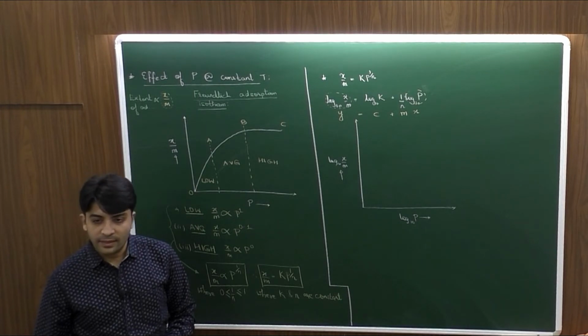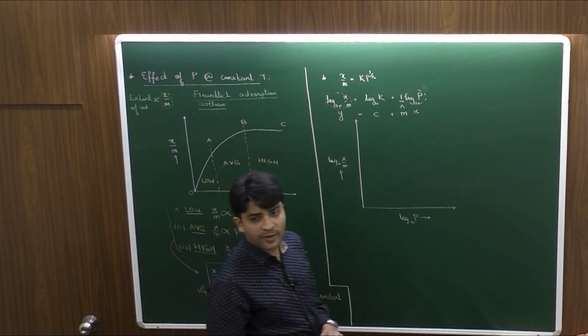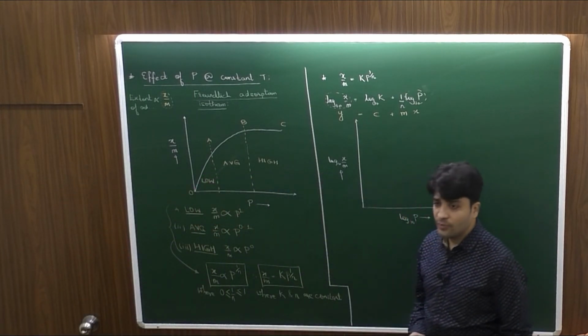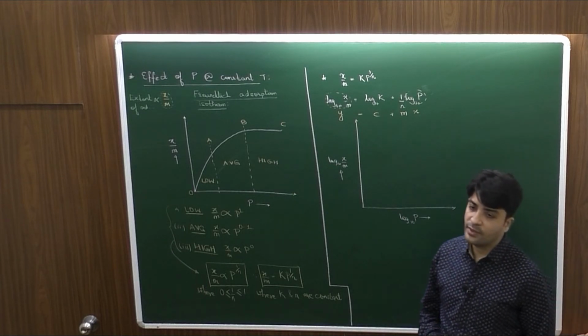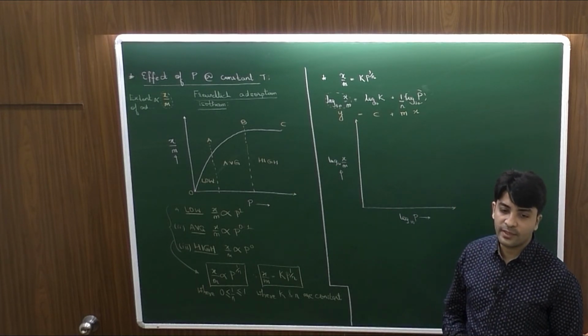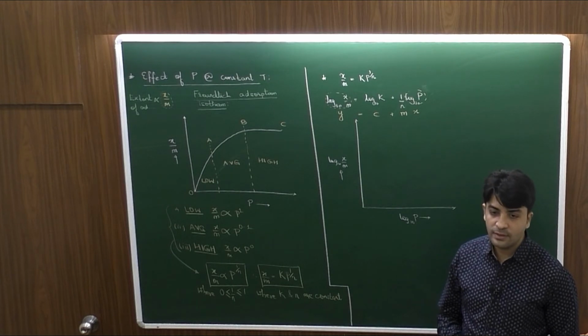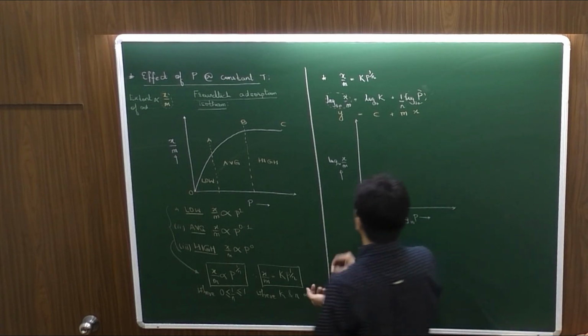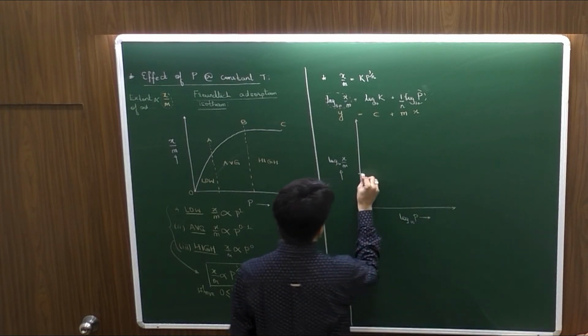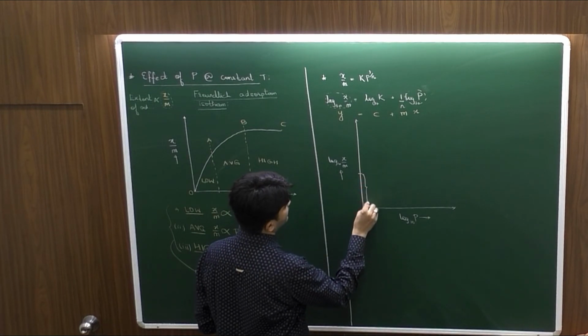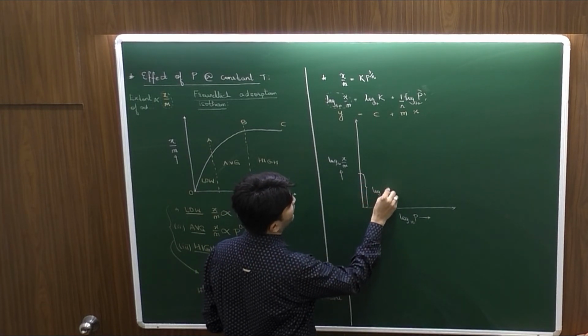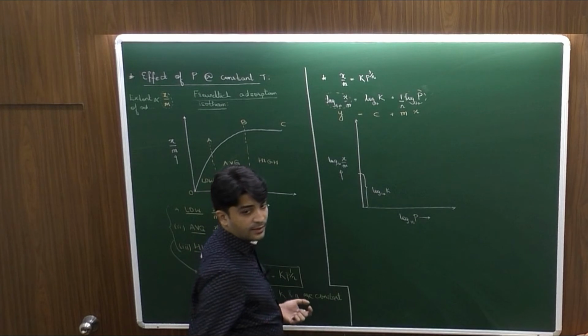Increasing. Clear? y equal to mx plus c is the slope-intercept form, and if the slope is positive, it will be an increasing line with the y-intercept, and if the slope was negative, it would have been decreasing. So here there will be a y-intercept, and this y-intercept value will be equal to what? Log k. Just compare with y equal to mx plus c, which is written above. Right?